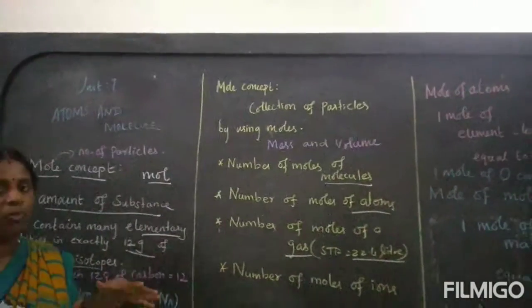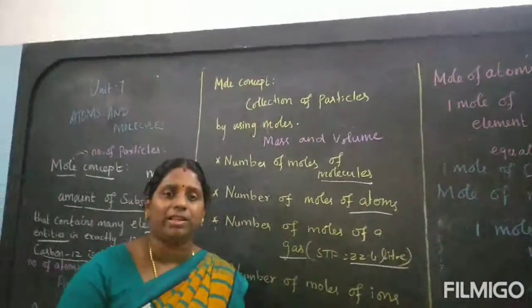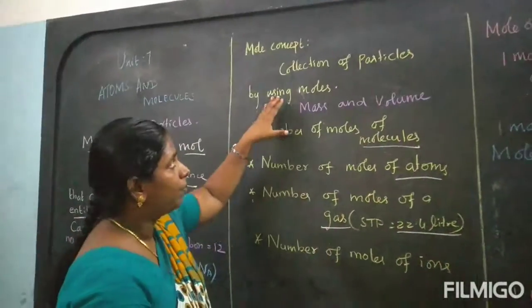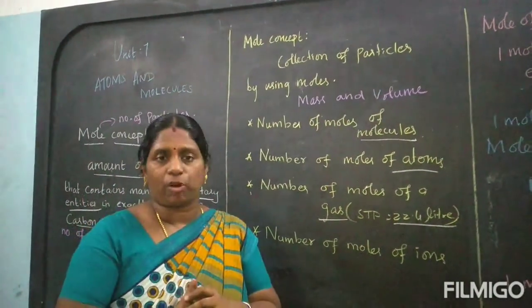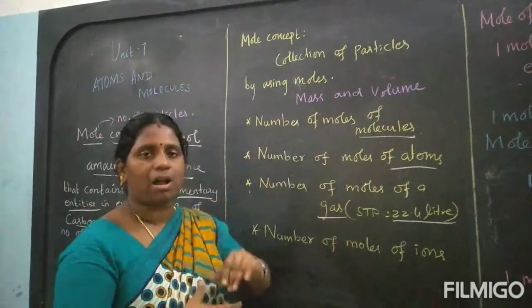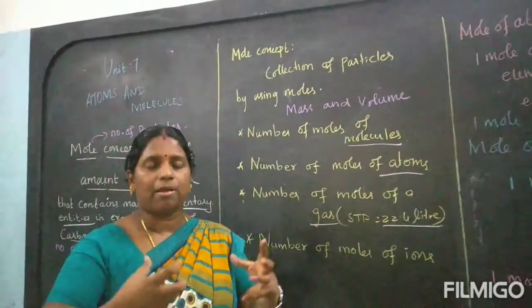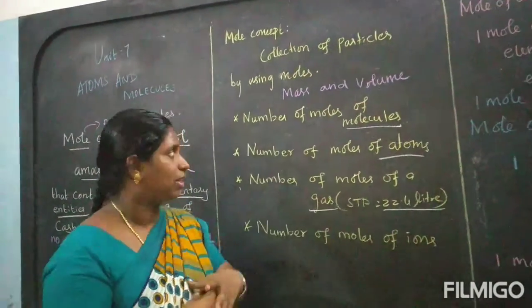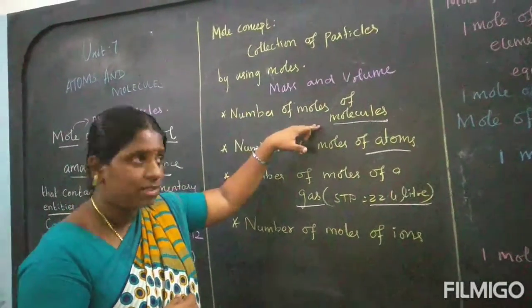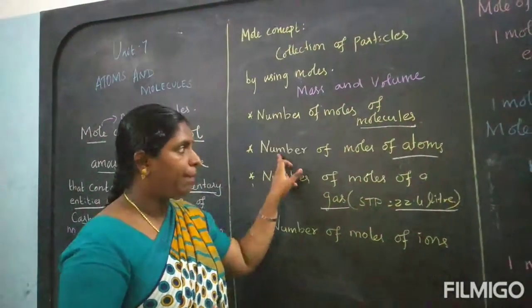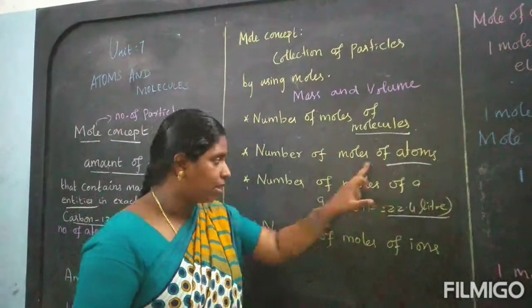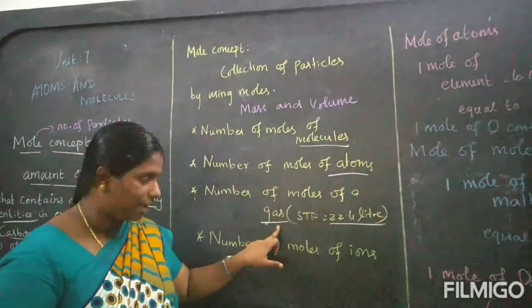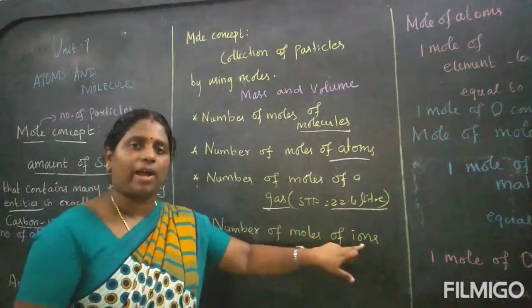Let me see how we have to calculate and what data we need. We need the collection of particles in terms of mass and volume in the bulk matter of particles. What data do we need to calculate the amount of substance? That is the number of moles of molecules, number of moles of atoms, number of moles of a gas and number of moles of ions.